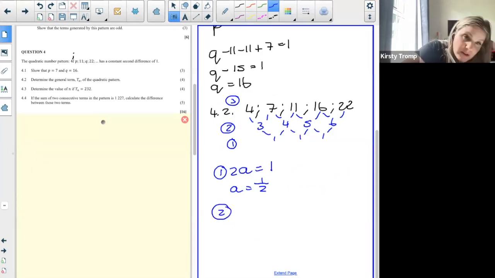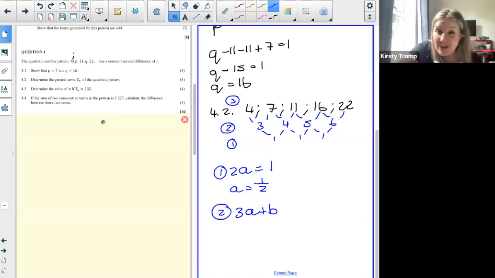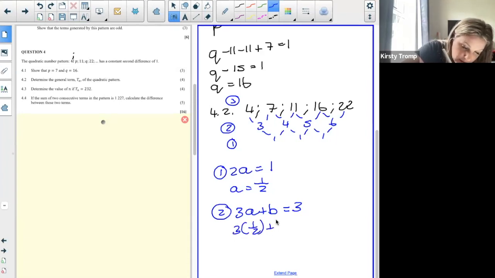Number 2, 3A plus B. Remember I said I like to learn things by heart. Number 2, 3A plus B equals the first number that comes up in the first differences, which is 3. Now I know what A is, so I say 3 halves plus B equals 3.